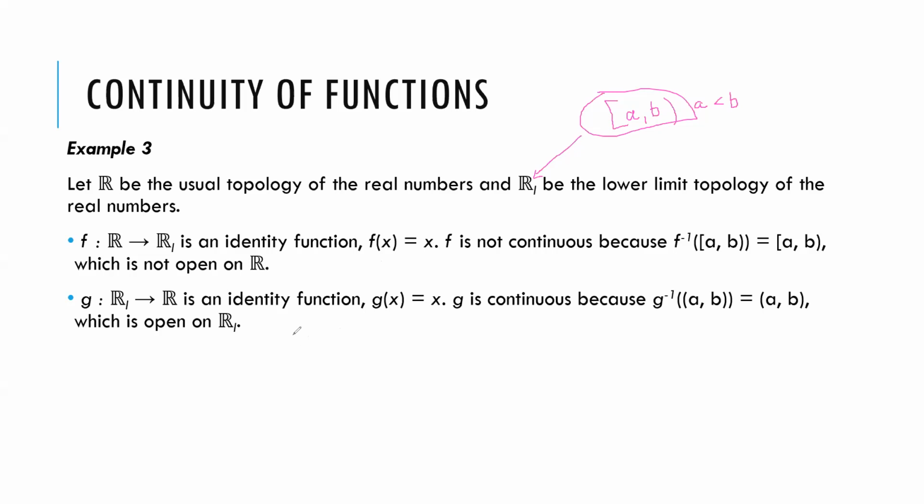I'm trying to figure out a way to form the open interval (a, b) by either a union or an intersection of intervals of type [c, d), since these are our basis elements of RL.